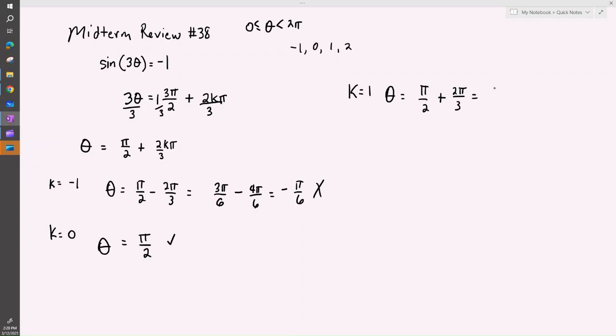And getting those same common denominators, we're going to end up with 3 pi over 6, except this time it's plus 4 pi over 6. So that gives me 7 pi over 6, which is also within this range. So as long as we keep it between 0 and 2 pi, we're good. And we move on to the next k and see if that fits as well.